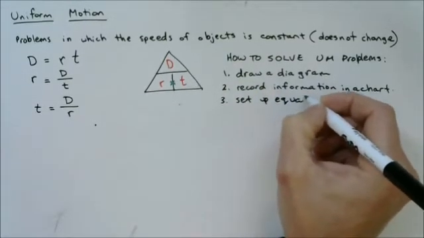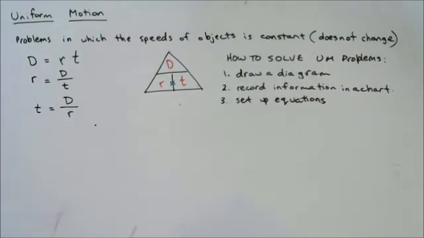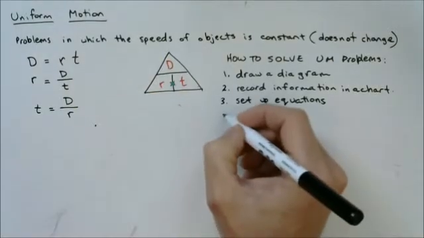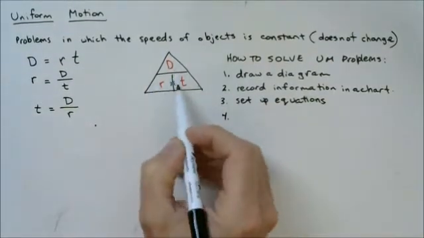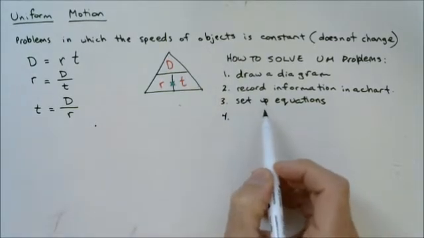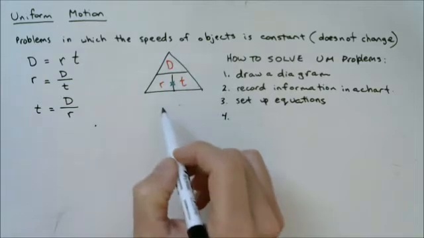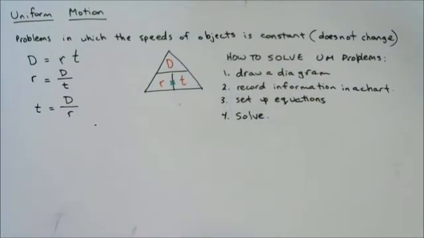The third thing that we're going to do is set up equations. Now, sometimes there's going to be one equation, sometimes there's going to be two. If it gets more challenging, sometimes there might even be 3. Okay? Set up equation just means use these variables in algebra in order to translate the word problem into an algebra equation that we can then solve, which is, of course, step 4, solve.